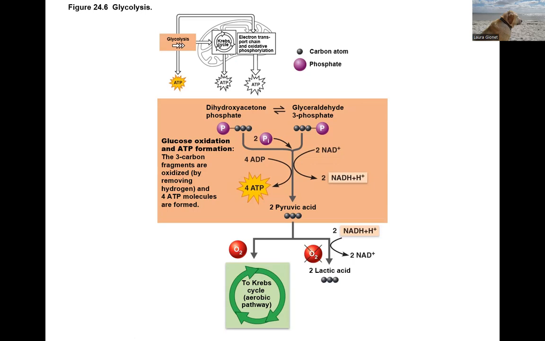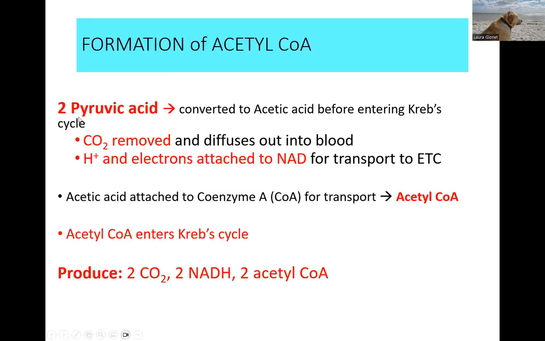So we had to invest 2 ATP to get 4 out. And so our net ATP is 2 molecules for glycolysis. Okay, now what we're going to do is take those 2 3-carbon chains and form or produce what's called acetyl-CoA.